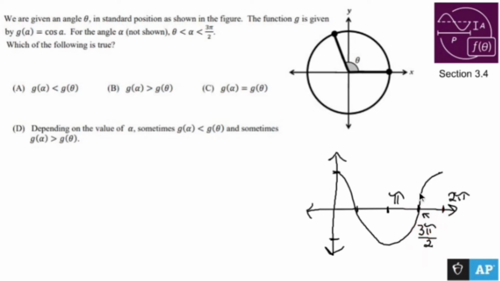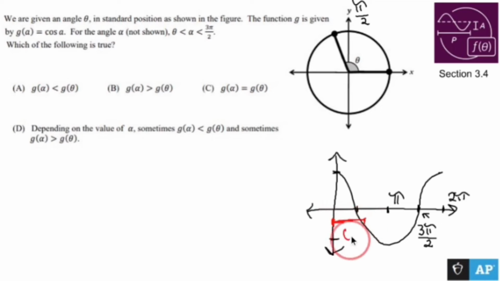All right. So what we know is alpha is going to be larger than theta. It looks to me that theta is somewhere larger than pi over 2. So theta is going to be somewhere in this range, give or take.